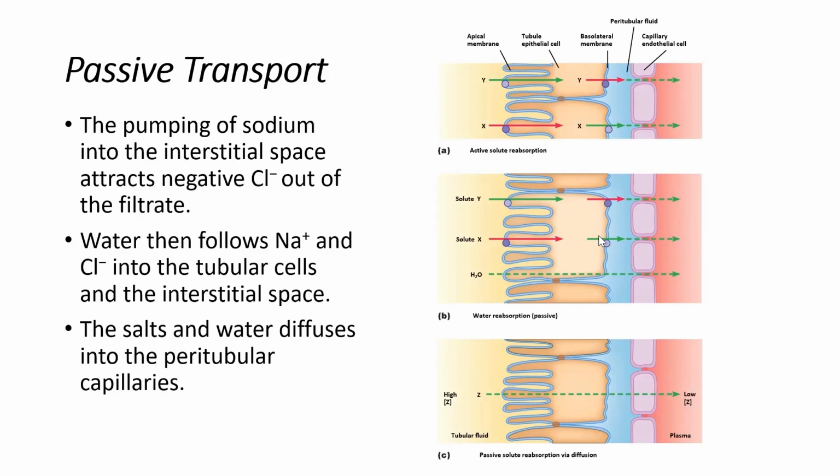And so we've got 3 different mechanisms that we're using to create this solute gradient. We're actively pumping, primary active transport with the sodium-potassium pump, actively pumping sodium out of the basolateral membrane. That's one mechanism. We're moving sodium in passively, and we're taking other ions and molecules for a ride.